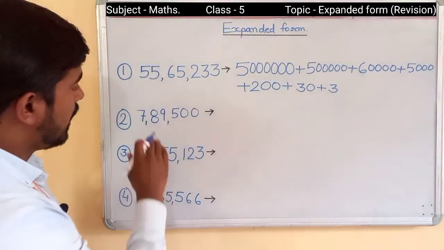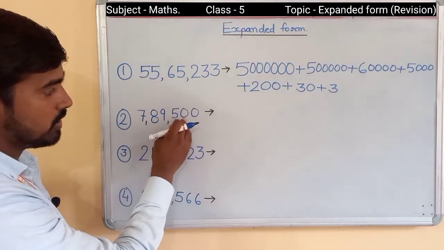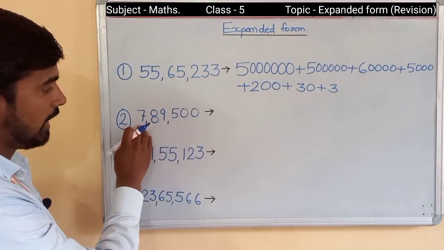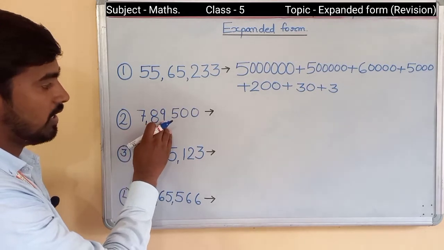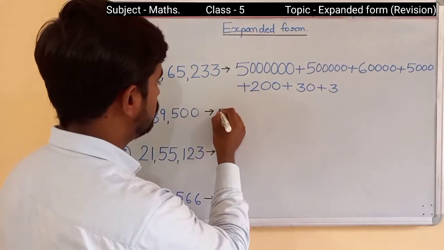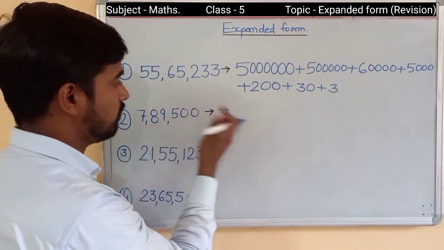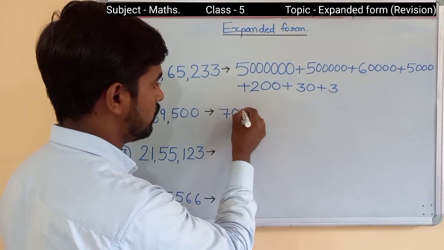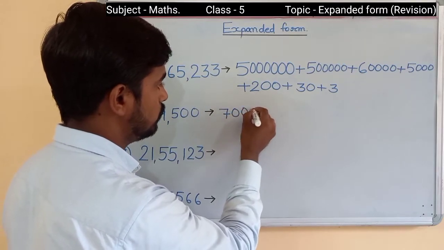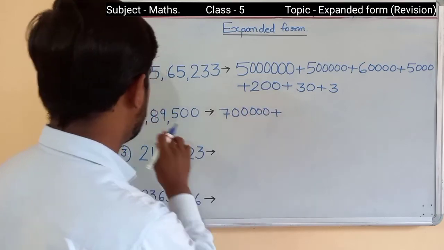Okay, now come to this number. Read the number. Ones, tens, 100, 1000, 10,000, lakh. 7,89,500. Okay, children. Write the place value. 7. Count the digit. 1 2 3 4 5. Place 5 zeros behind the 7. Okay, plus 8.